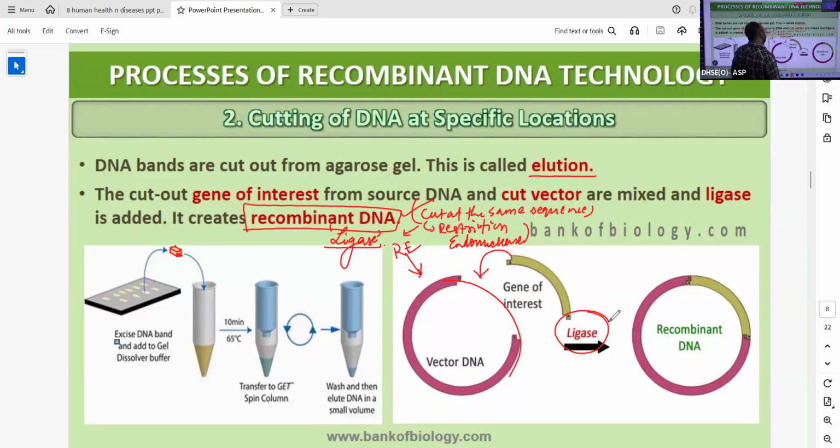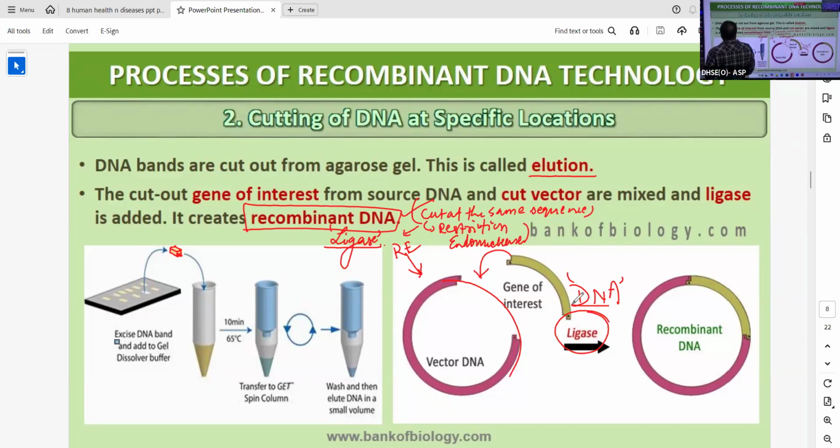What kind of ligase is it? DNA ligase. Ligase means to join. So we added DNA ligase and joined that gene of interest and the original vector DNA. Now the structure that is obtained is referred to as recombinant DNA, or rDNA.